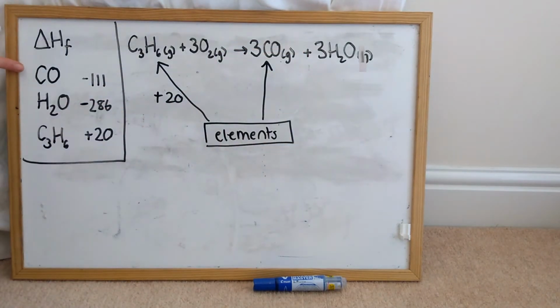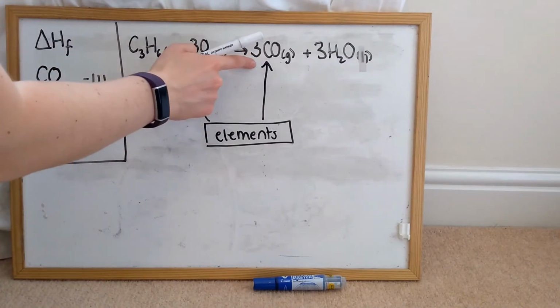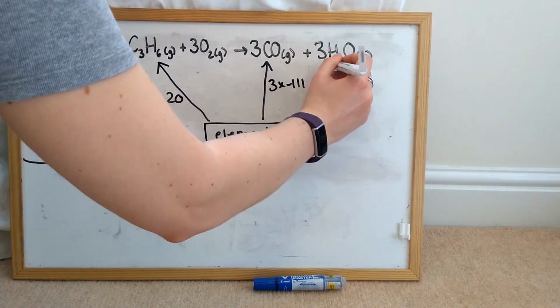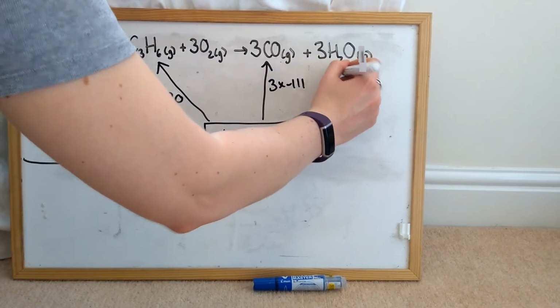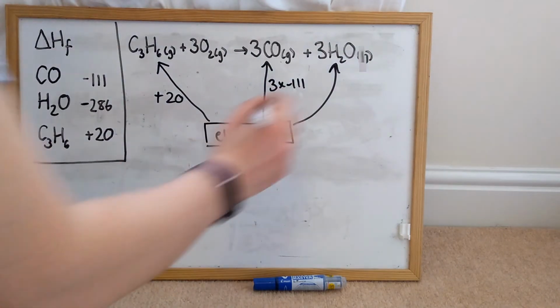For carbon monoxide, I have an enthalpy of formation of minus 111, and there are 3 moles of this. And then for water, I need 3 lots of minus 286.